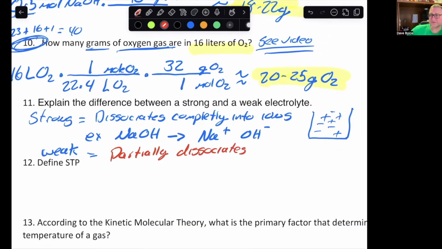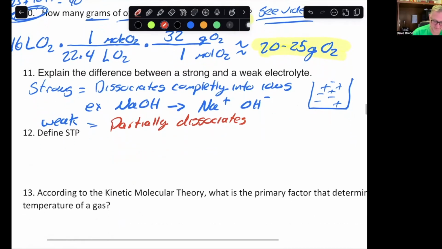Some dissociate more than others, but if they don't dissociate completely, it's considered weak. An example of that would be hydrogen and fluorine. So that becomes HF. Hydrofluoric acid is a weak acid, and that means it dissociates only partially, probably because of how strongly electronegative fluorine is.